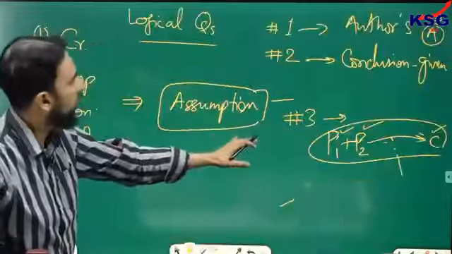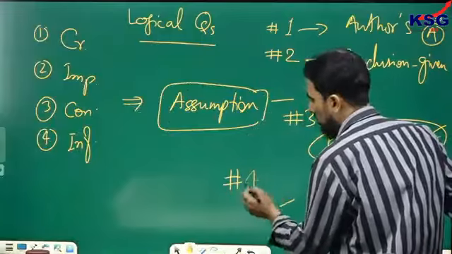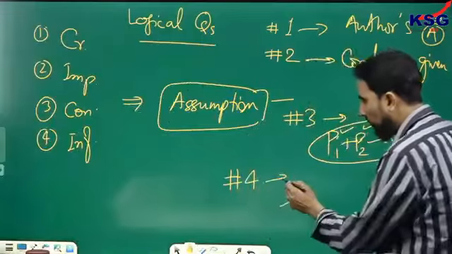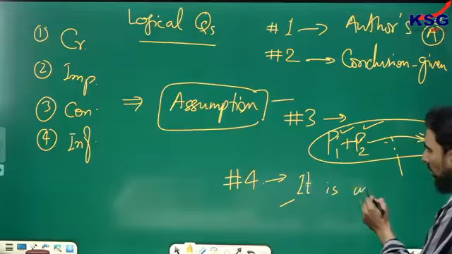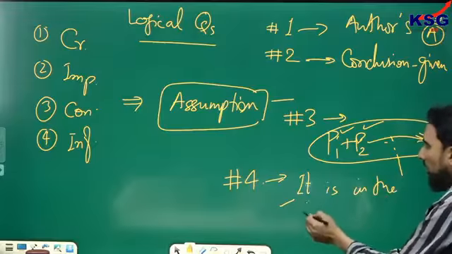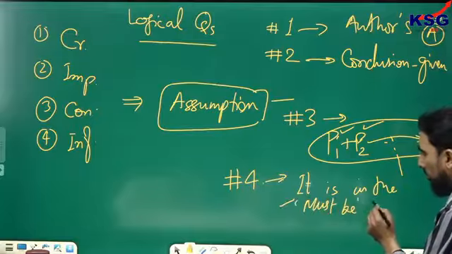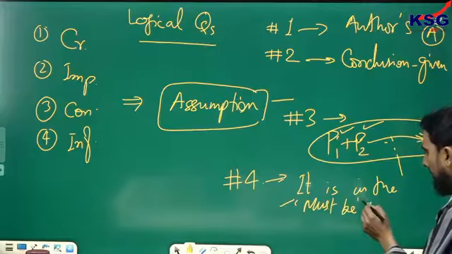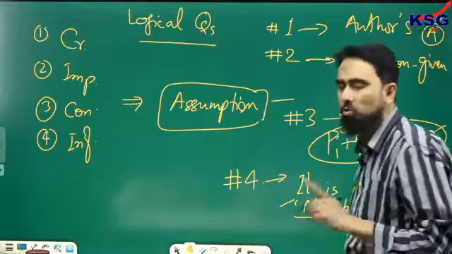So up to point number 3 you have written. Write down point number 4 for assumption. It is in the must be true category. Must be true, not may be true.